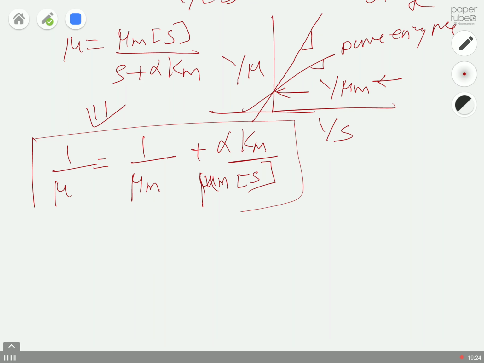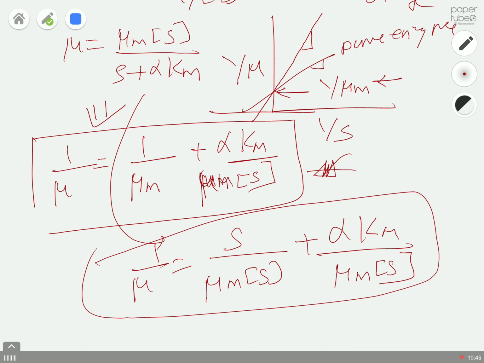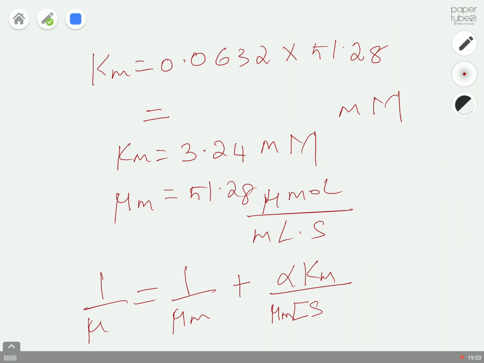For your non-competitive, you will have a mu m in the denominator in this expression, in the linearized version. You can check that one time. So that's for your non-competitive inhibitor; for the competitive inhibitor, it is alpha km by mu m into your substrate concentration.